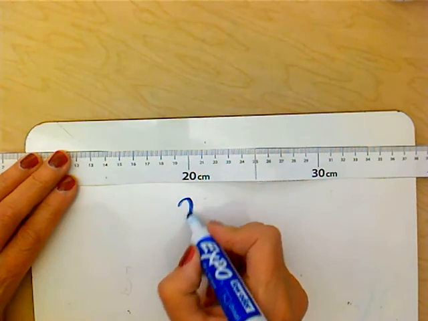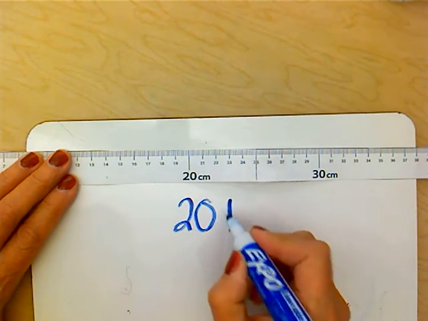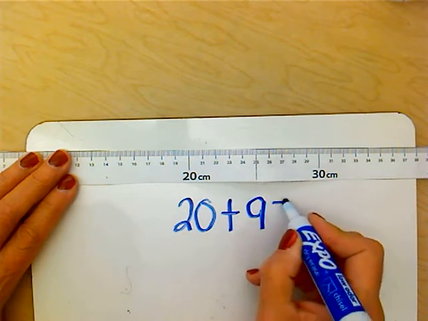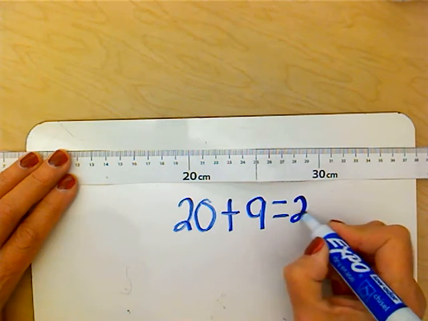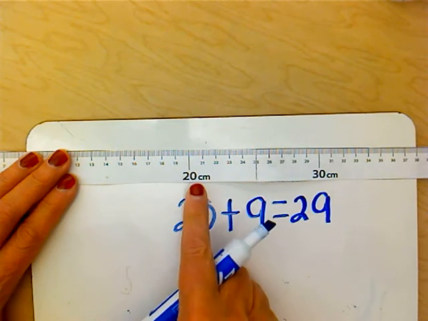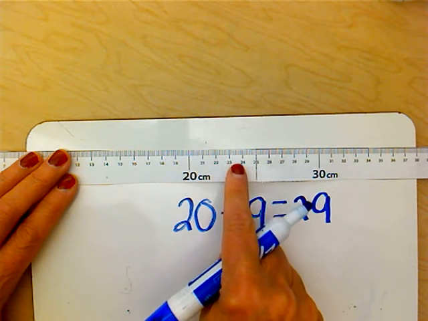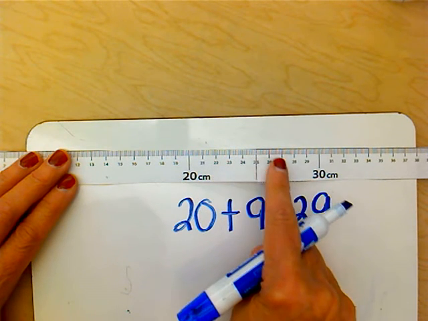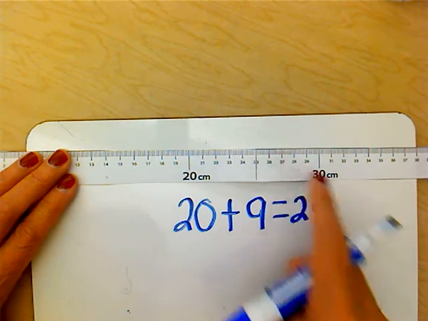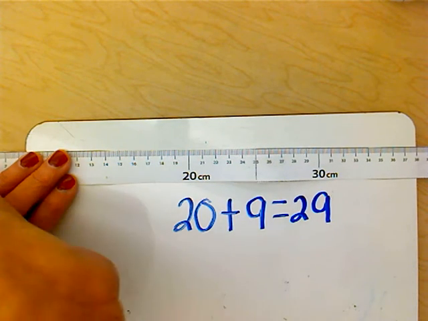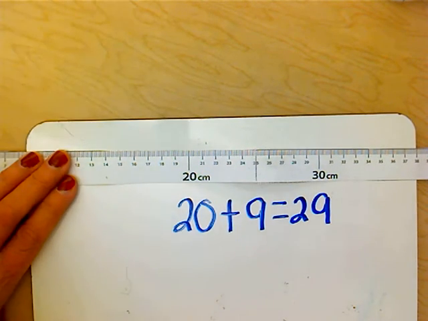So if I started at 20 and I went up 9, what does that give me? Did you say that it was 29? You are so correct. Starting at 20, 1, 2, 3, 4, 5, 6, 7, 8, 9, put me at 29.